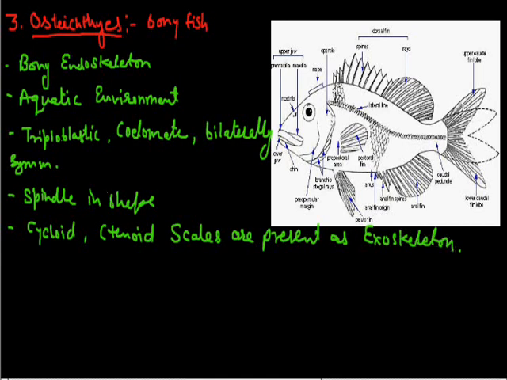In these fishes, the mouth is terminal. This is the position we call terminal. This is the shape of the animal body; this region is the terminal region, and the surface is covered by scales. These are the scales on the body surface, and these are the fins. This is the region where the mouth is present.